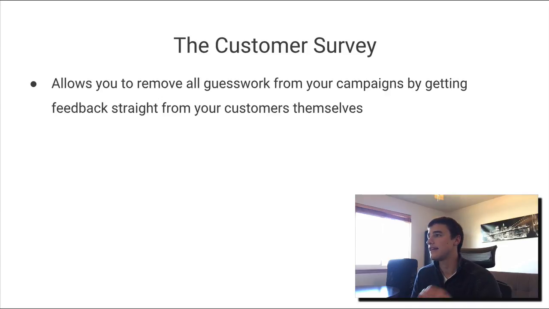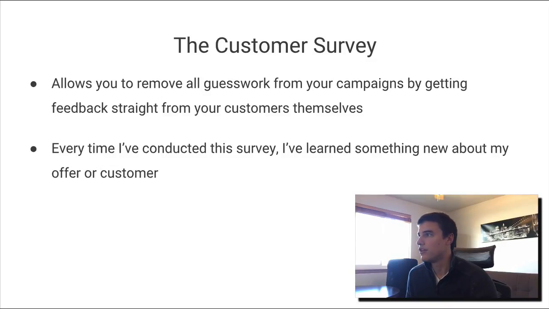Utilizing a customer survey in the manner that I'm about to show you allows you to get the feedback about what people think of your brand, what people think of your positioning, how people perceive your brand compared to the rest of the market, and why people are actually buying your products. It allows you to get that data straight from your customers. So it's an incredibly powerful tool.